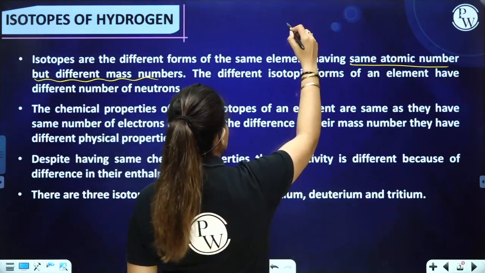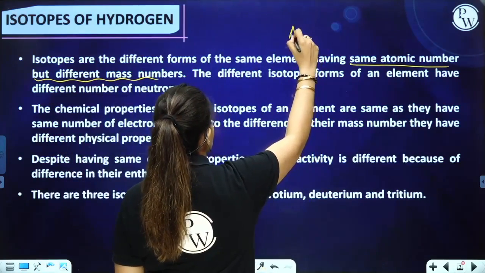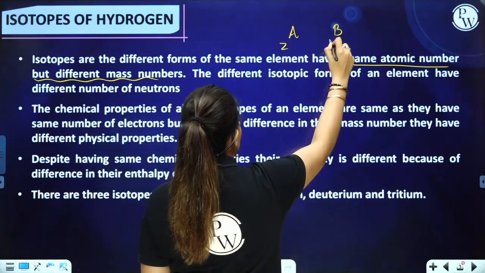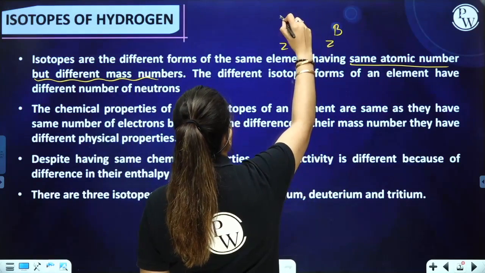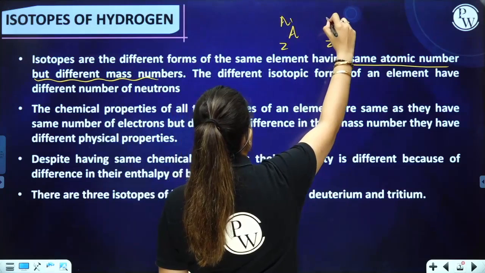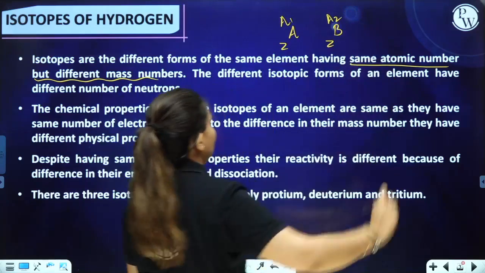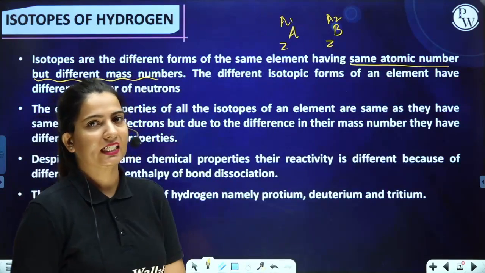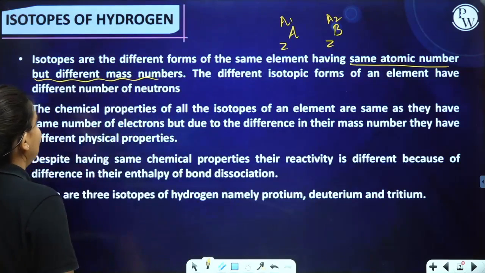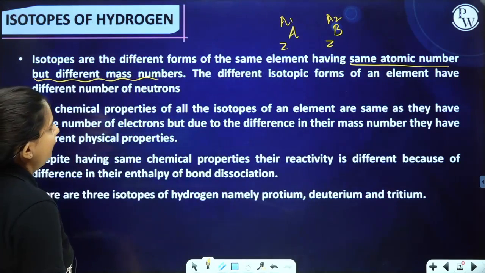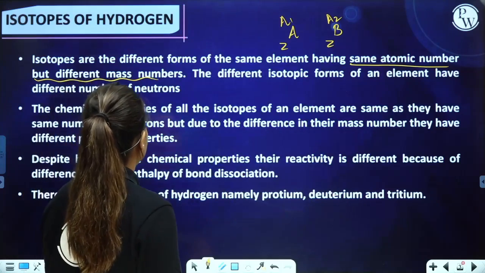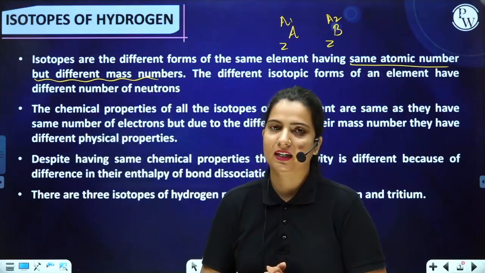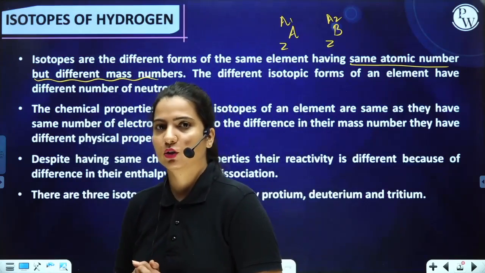If I have element A and element B, they have the same atomic number but different mass number. Their mass number will be different but their atomic number will be same. So they will be considered as isotopes. They have totally 3 isotopes present with them. One of them is called protium, another is called deuterium and the other is called tritium. We will discuss all of these.